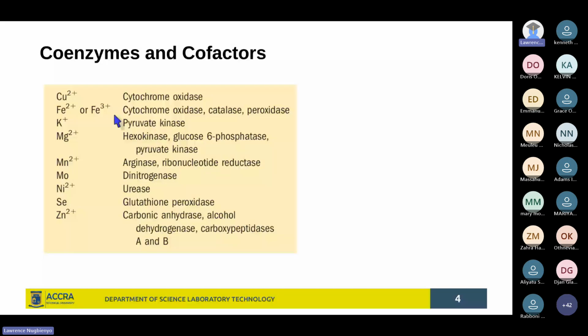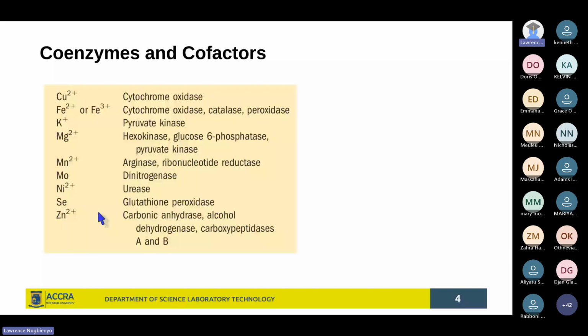When you work with them for some time, some of them stick. That's just for you to know that these metal ions act as cofactors to enzymes, meaning that they are required to activate these enzymes to carry out their functions.